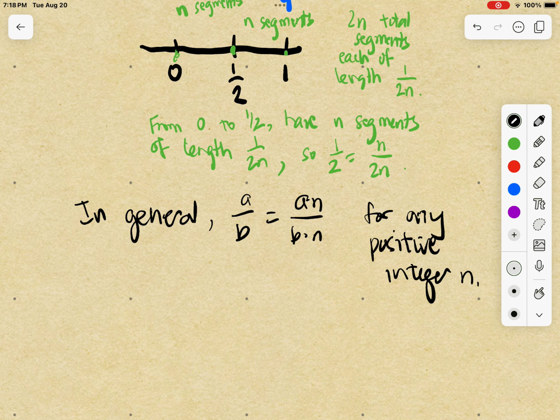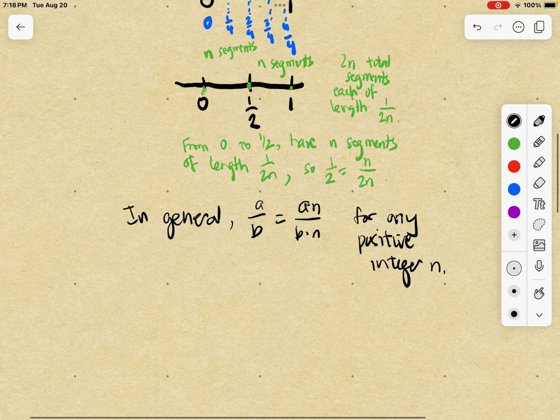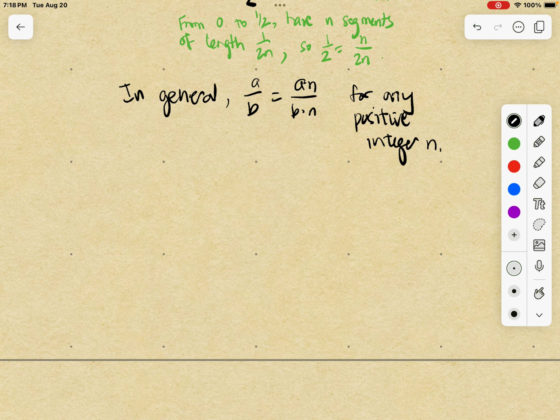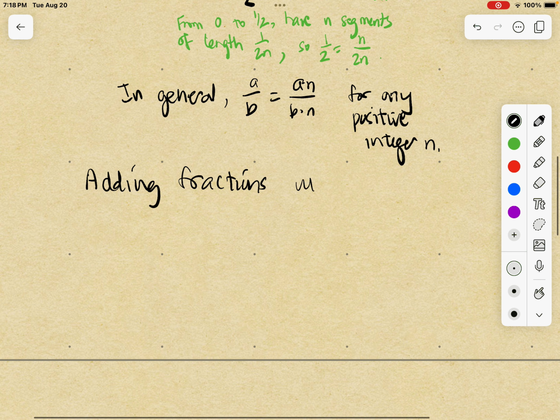Okay, let's talk about adding fractions then. Let's talk about adding fractions with the same denominator.